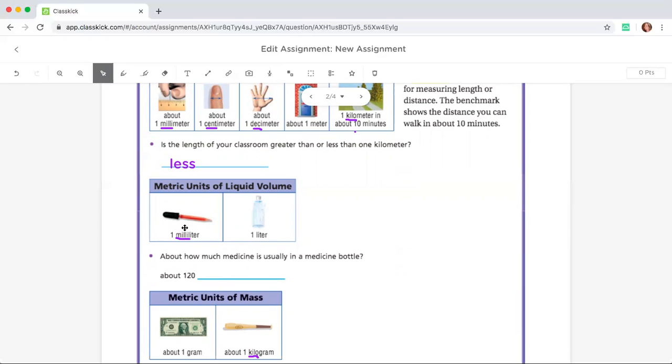To get milliliters to liters, you would multiply times 1,000, because milli means a thousandth of a liter. It takes 1,000 drops to make 1 liter of water or liquid, okay? So how much medicine is usually in a medicine bottle?